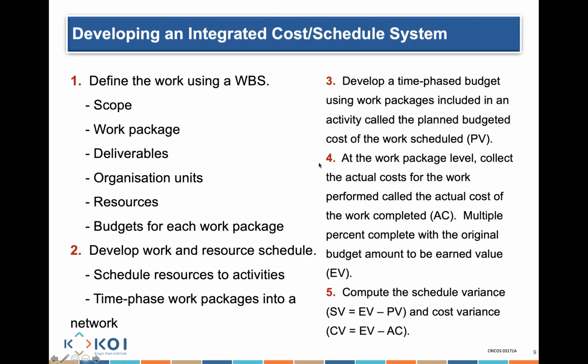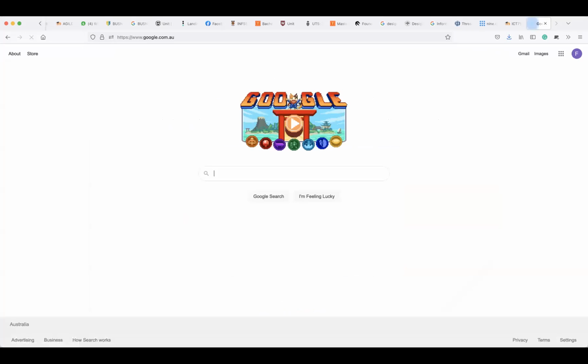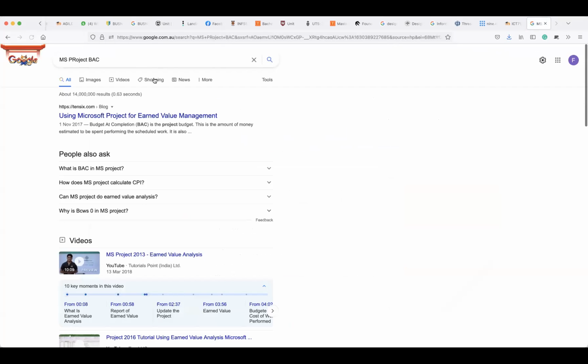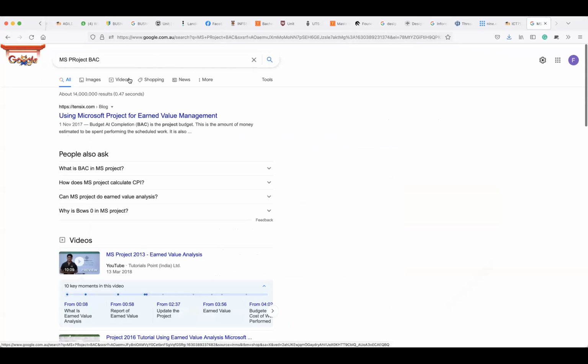So if I was to try to show you something, MS Project budgeted at completion, or BAC, it should hopefully be able to find some images here.